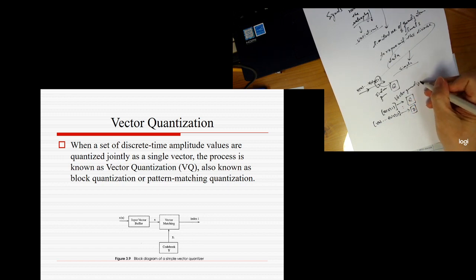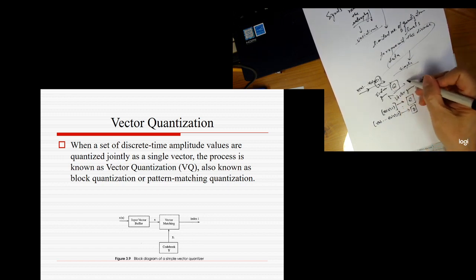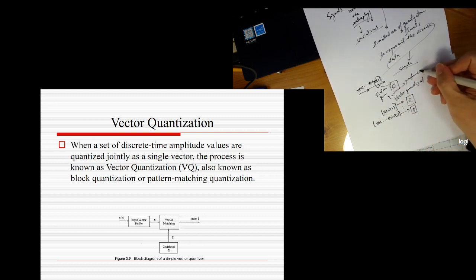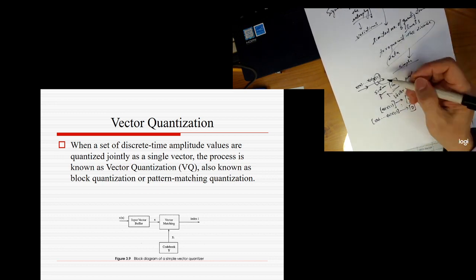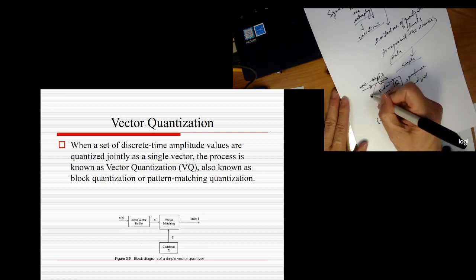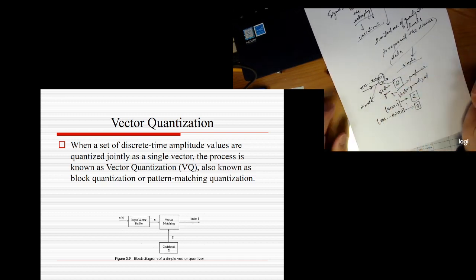Why does vector quantization perform better than scalar quantization? Because scalar quantization quantizes the data discretely.